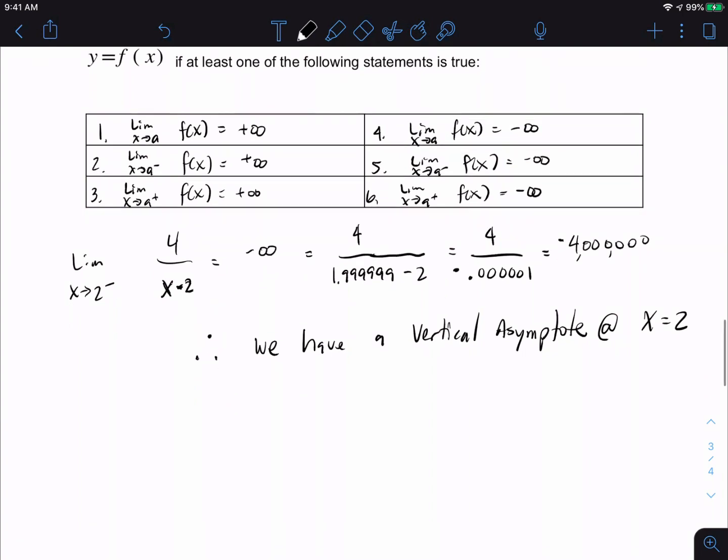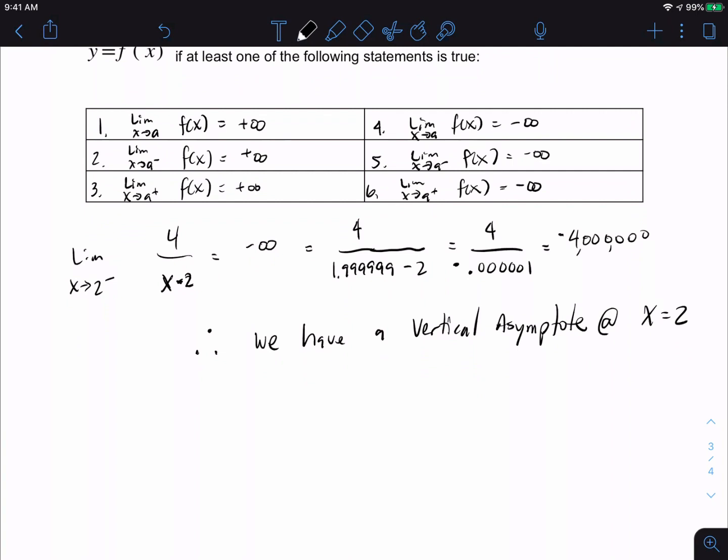And one of the things too is we could even show it the other way. So if I had said the limit as x approaches 2 from the right, I know that this is positive infinity. And the reason I know it's positive infinity is I can see this. I'll explain it to you guys in a quick way, and then I'll do it mathematically so you guys can see it.